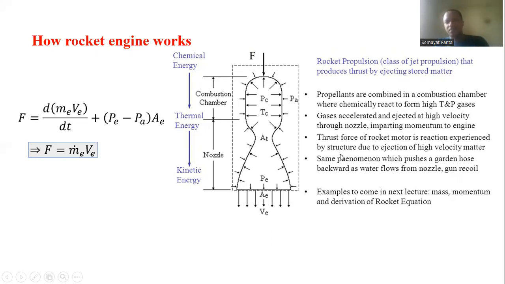Now the thrust force of a rocket motor is the reaction experienced by the structure due to ejection of high velocity matter. That high velocity matter is the hot gas, which comes out through the nozzle with high velocity. So here, this is the point where high velocity gases are coming out and which produces momentum to the vehicle, which helps the vehicle move forward.